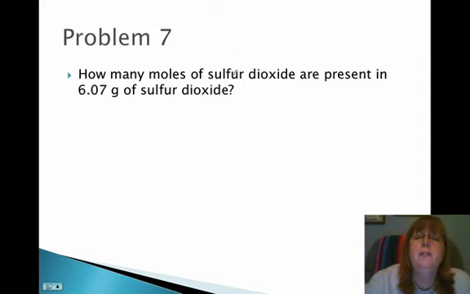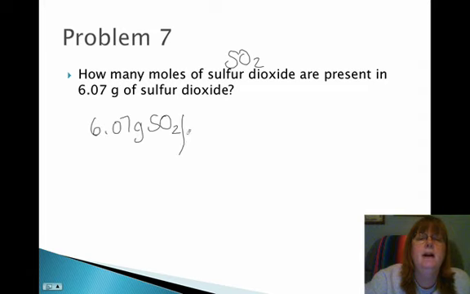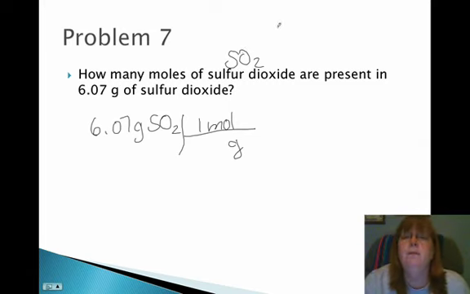How many moles of sulfur dioxide, that's SO2, are present in 6.07 grams of sulfur dioxide? All right, we don't want grams, we want moles, and we are going to have to calculate the molar mass of sulfur dioxide. It's calculated exactly the same as formula weight.